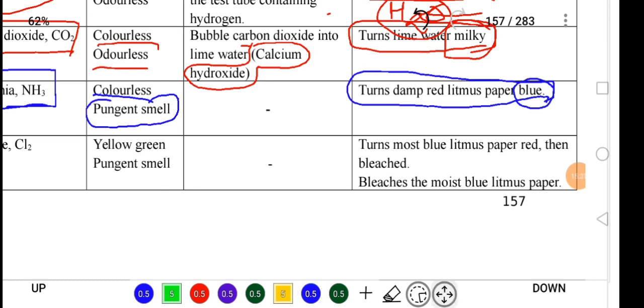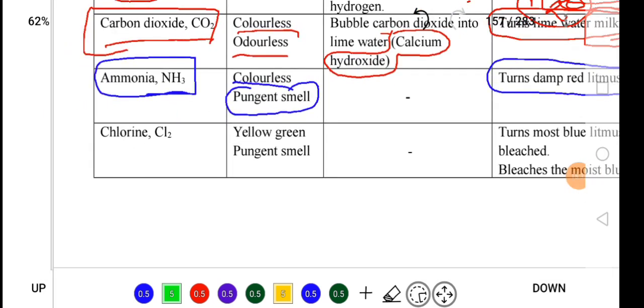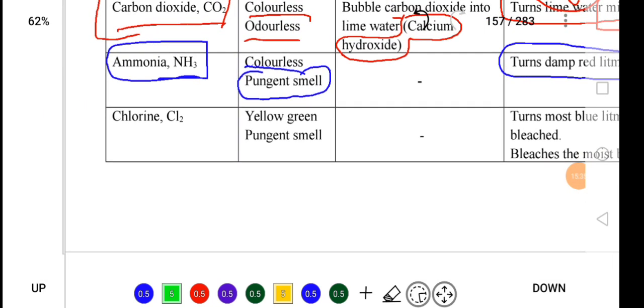What else do we need to understand about gases? Look at this. How are you going to be distinguishing ammonia from chlorine? Chlorine actually is a yellow-green gas, but ammonia is colorless.